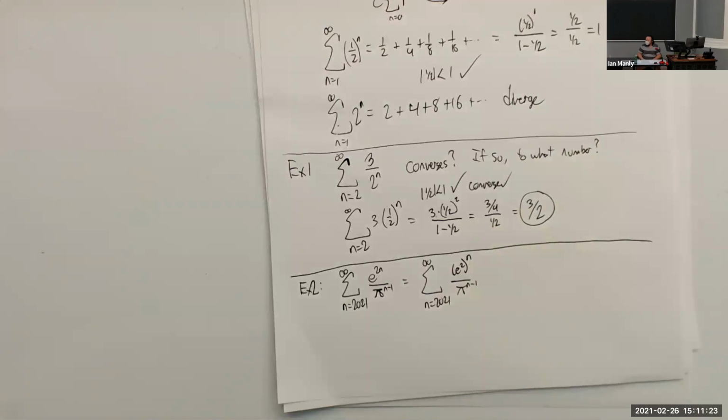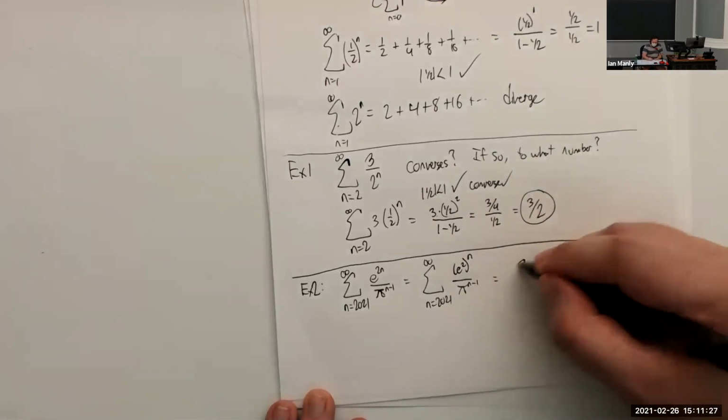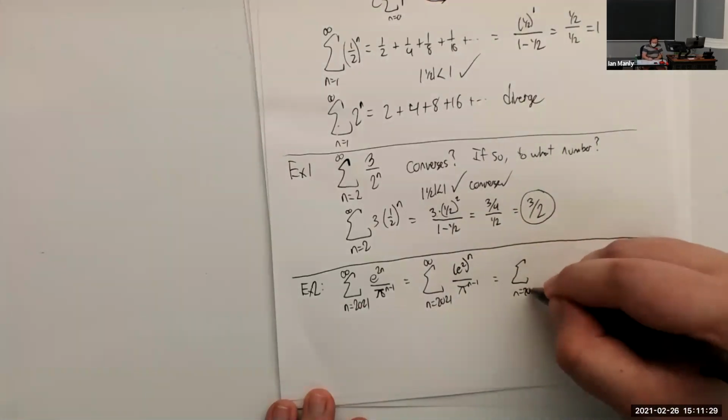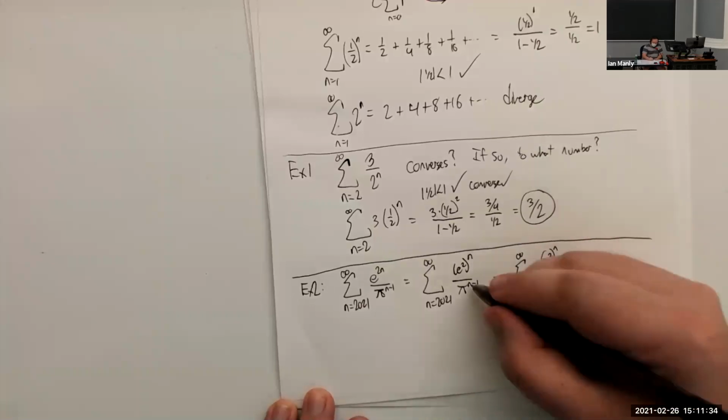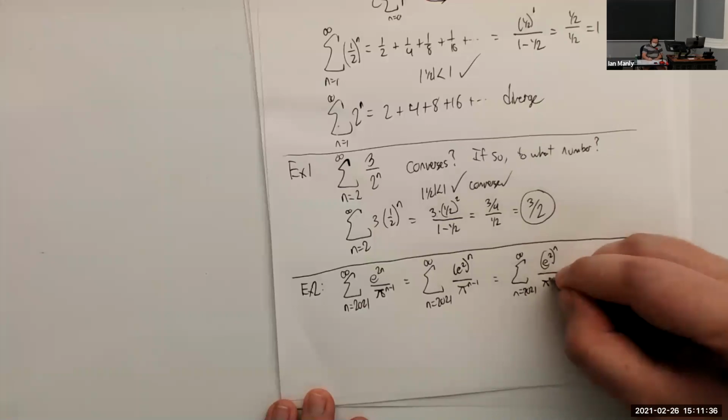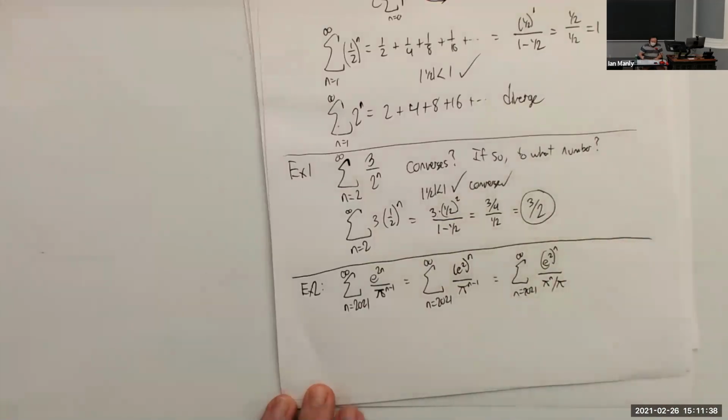Oh, yeah, that's a way of doing it. Pi to the n over pi. So we do that. So pi to the n minus 1 is the same thing as pi to the n divided by pi.